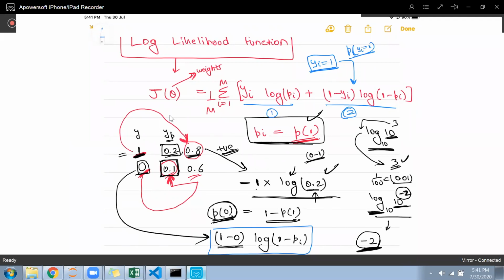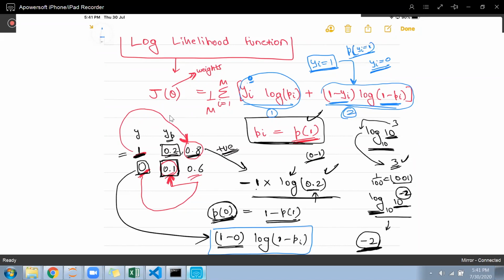But if my actual output is 0, then this term will go away and this whole term will become 0. Here I'm not concerned about this now, I'm concerned about the probability of 0. And why am I using 1 minus yi? So that this term remains, since 1 minus 0 becomes 1.